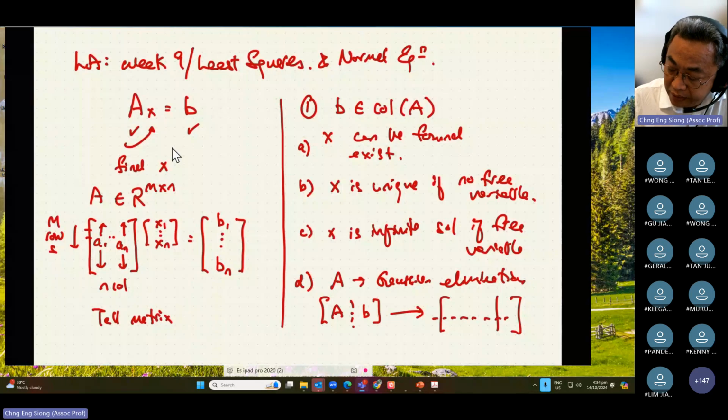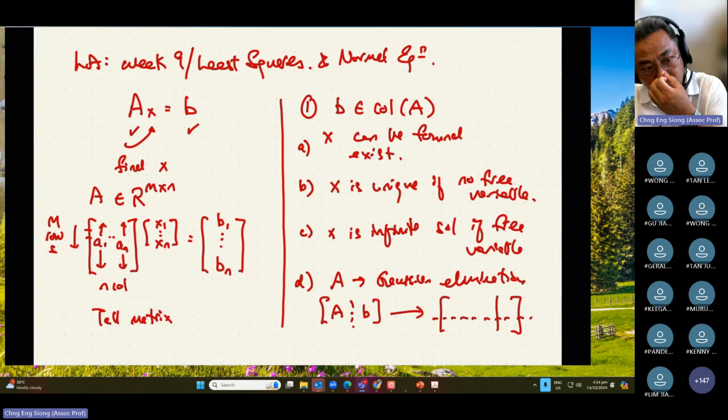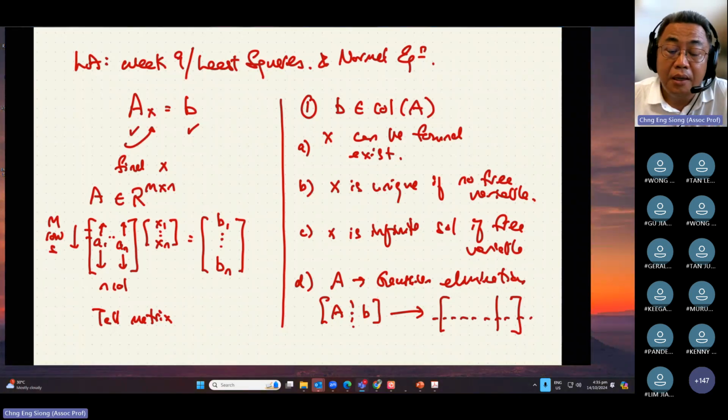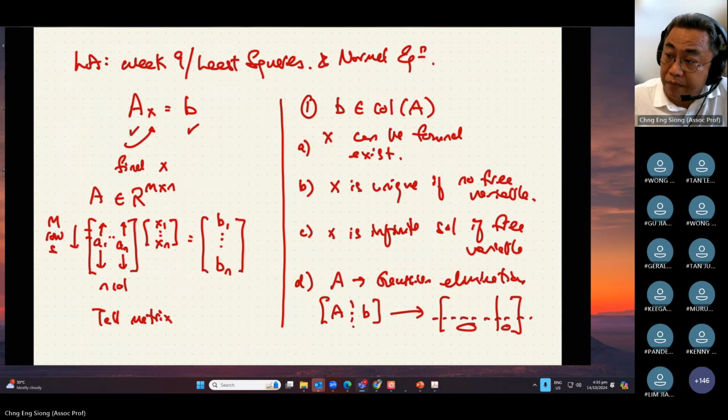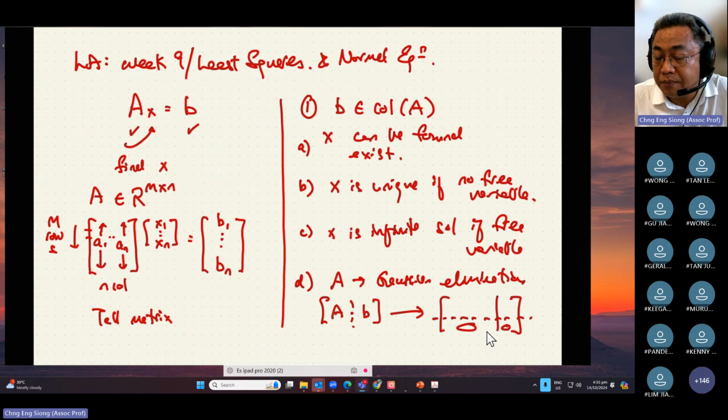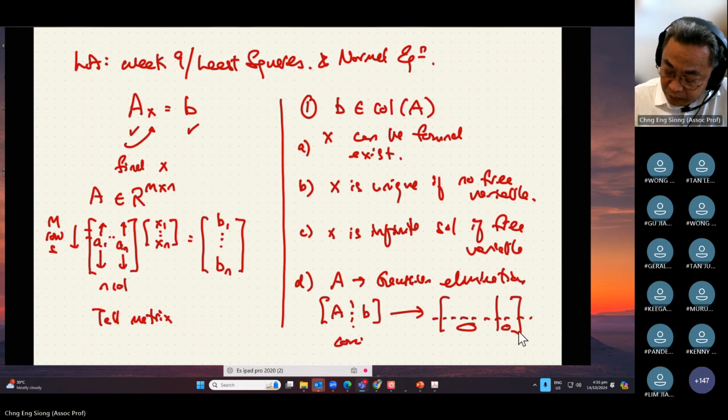Guys, what will we see here? Pivot in every column? Yes. Pivot in every column means that there is no free variable, but this is what we'll see. 0 at the bottom means a consistent equation.